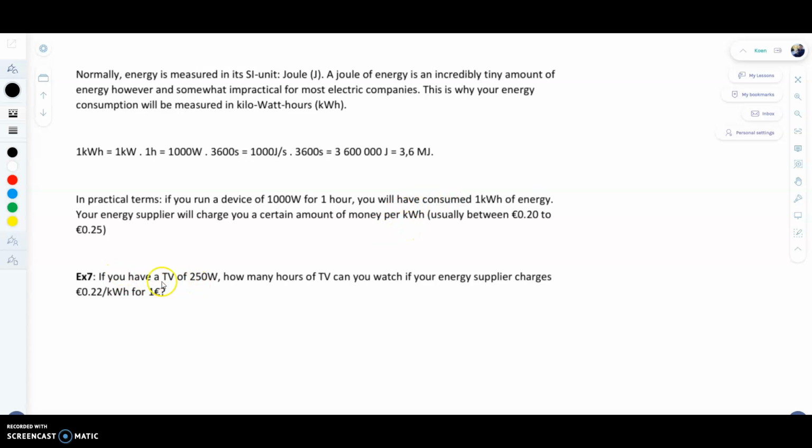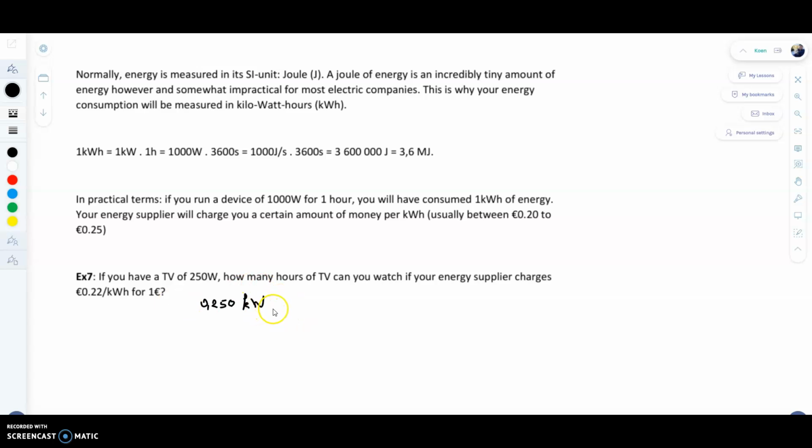Here's a simple for instance. You have a TV of 250 watts. It means it is 0.250 kilowatts in this case, right? A quarter of a kilowatt. Now, how many hours of TV can you watch before you're charged €1 by your electricity provider?